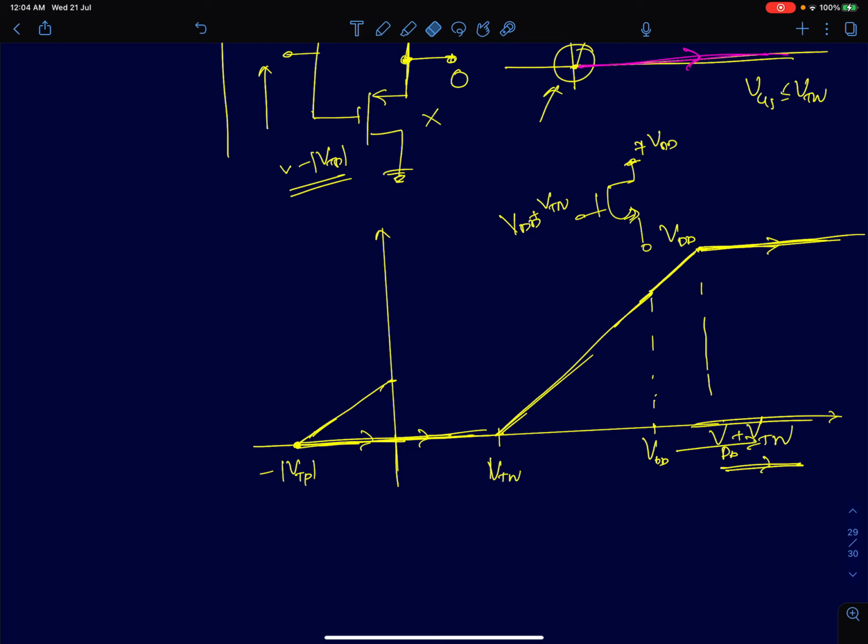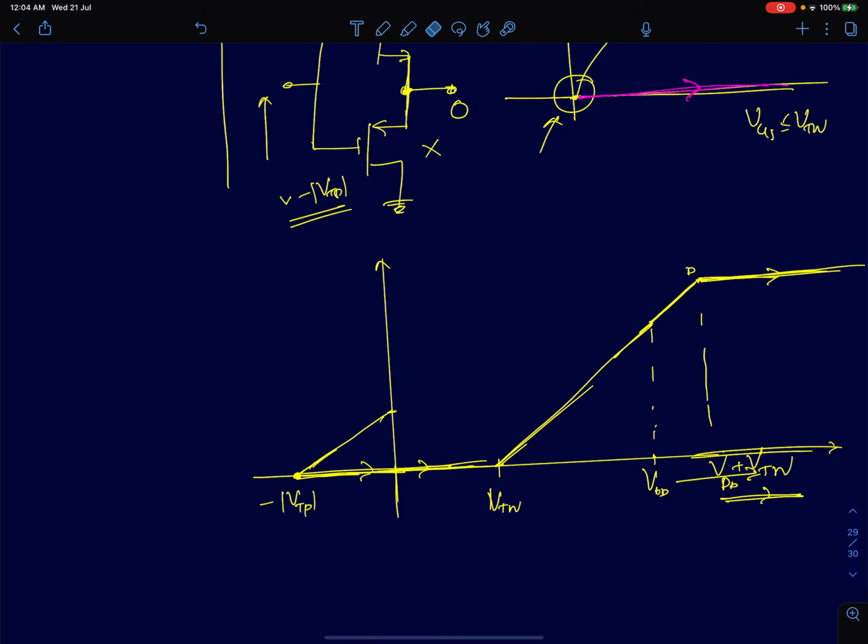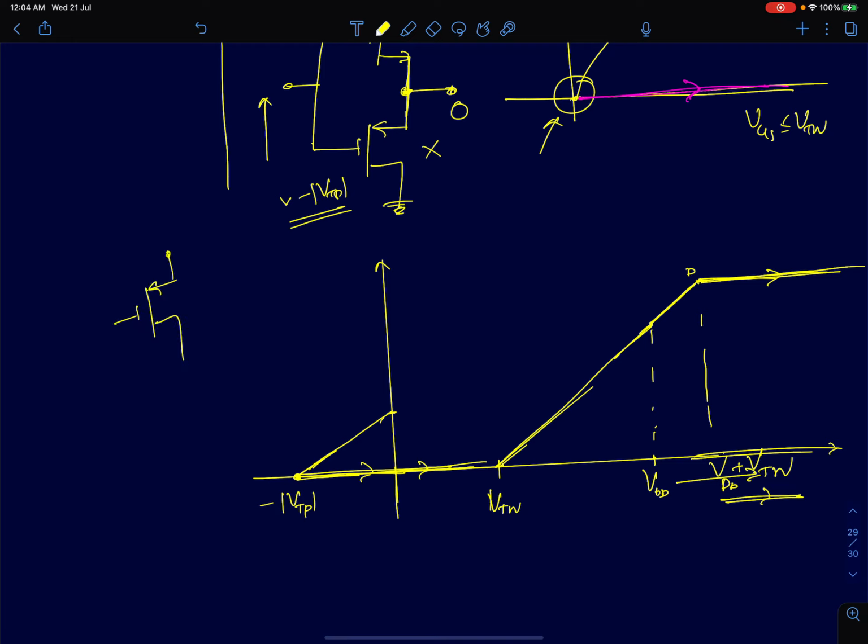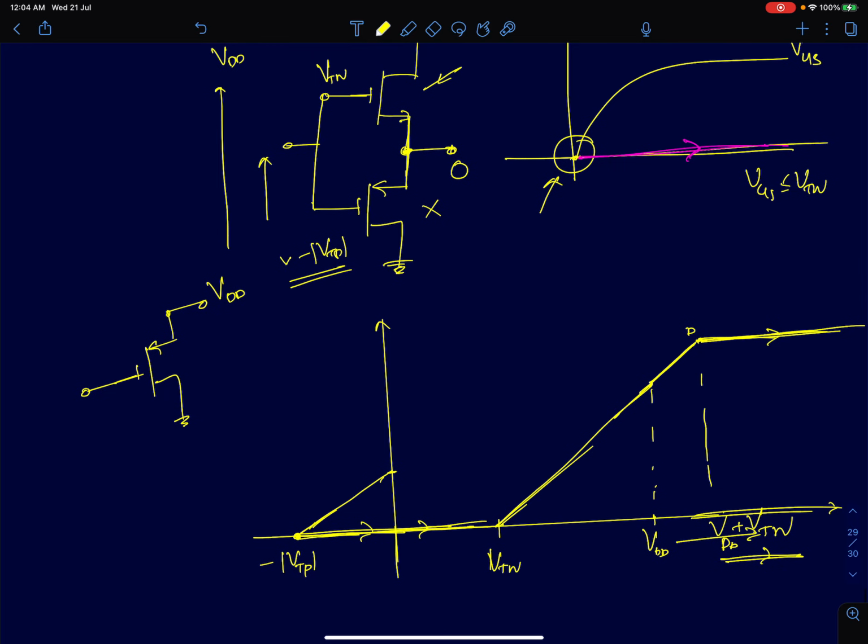Now we'll come back in the opposite direction. So we are at a point where the input voltage is much higher than VDD, and the output voltage is at VDD. Now we'll keep decreasing the input. If you are expecting the output to decrease, it means there has to be some discharge path, and that has to be through the PMOS device. But for the PMOS device to conduct, the gate should go 1 VT lower than the source.